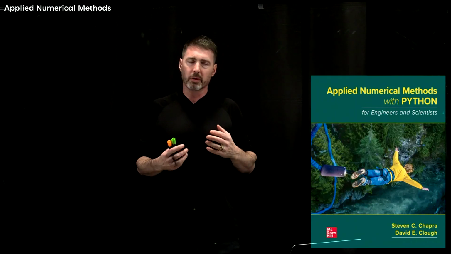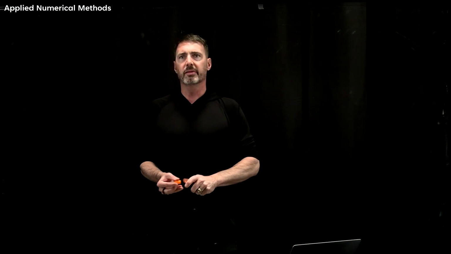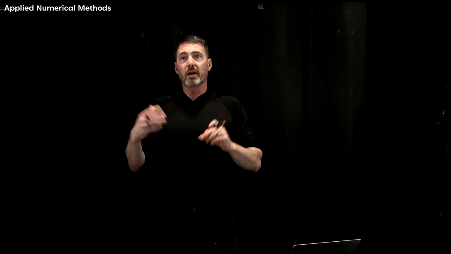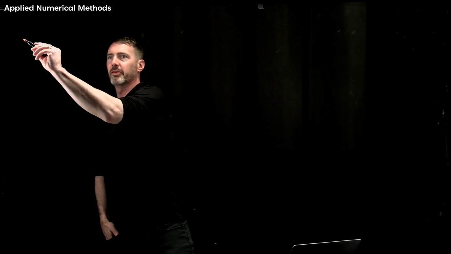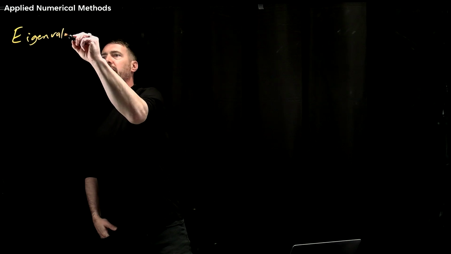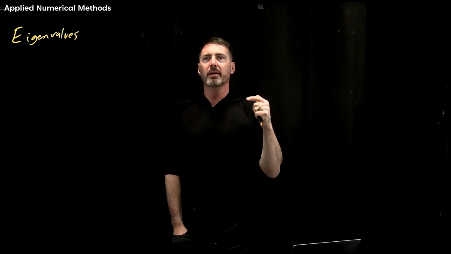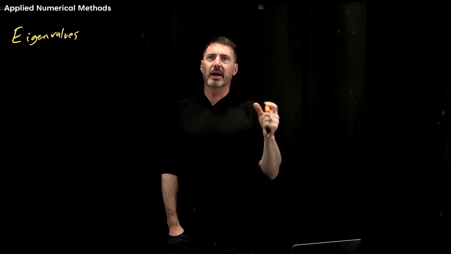And so what we're going to dig into today is eigenvalues. Eigenvalues is one of these terms that means nothing to you if you haven't heard it before. It's also, of course, named after somebody. And unless this rings a bell, the easiest way to think about this is like natural mode vibrations.